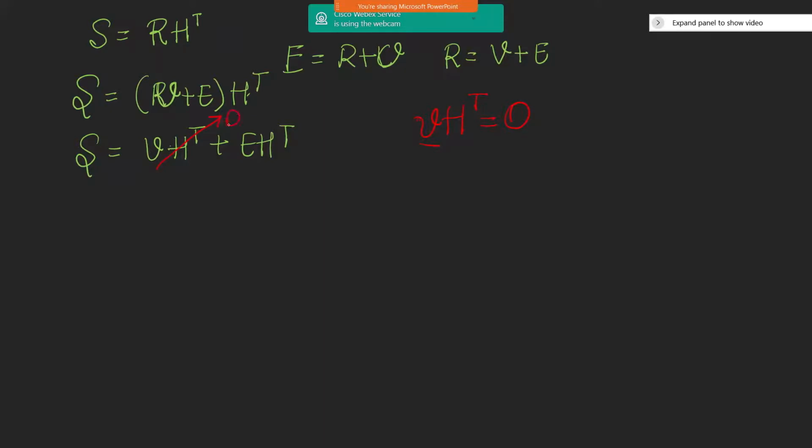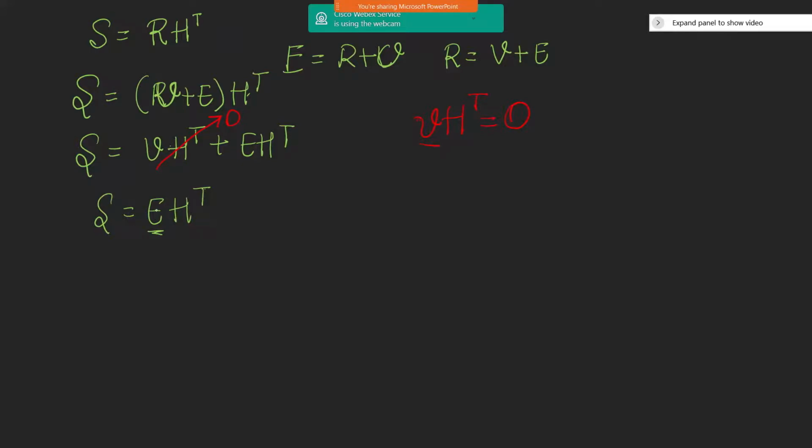So this term would go to 0. Therefore, the syndrome is an alternative method of obtaining the error vector, where the syndrome S is equal to E times H transpose. So if I need to obtain an error pattern, I can make this manipulation.